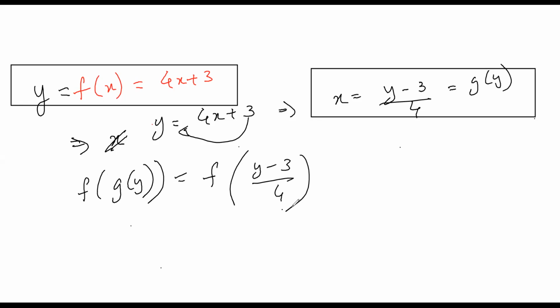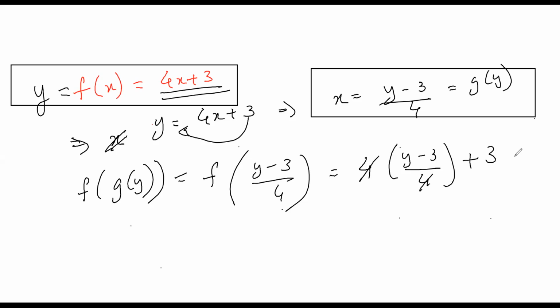And what is my f of x value? 4x plus 3, correct? So in place of x, I have to put y minus 3 by 4. 4 into y minus 3 by 4 plus 3. So what is the answer I'm getting? I'm getting y as my answer. That's all. This is my step 1. Step 2: g of f of x.